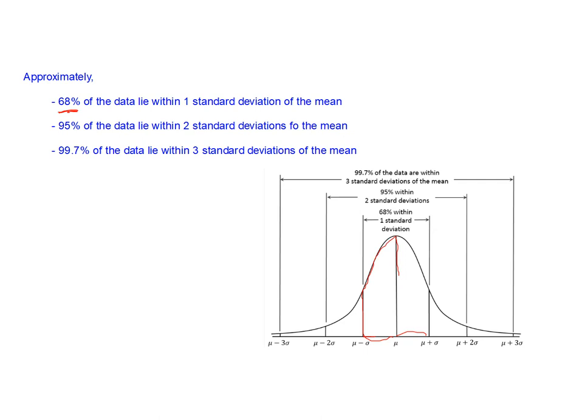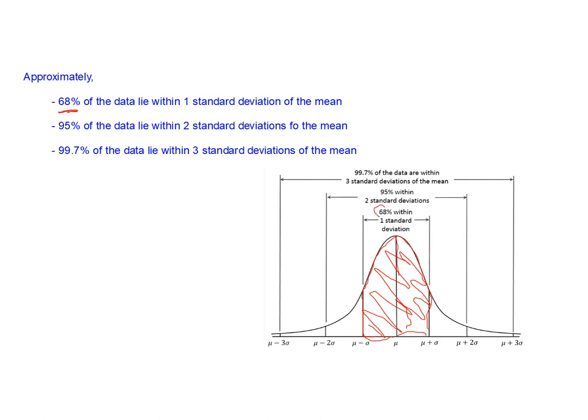shape similar to a relative frequency polygon that we might have looked at earlier. We create this shape, and it turns out that 68% of the data lies within this range right here. So the probability of choosing a value within one standard deviation either side of the mean is going to be 68%. And that's what this information here says.